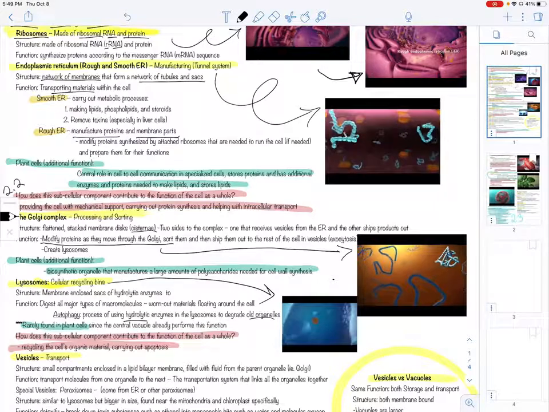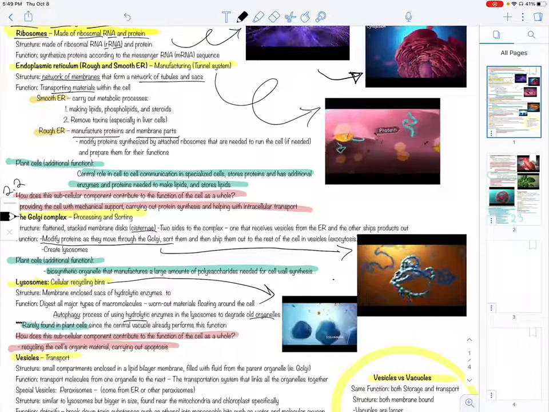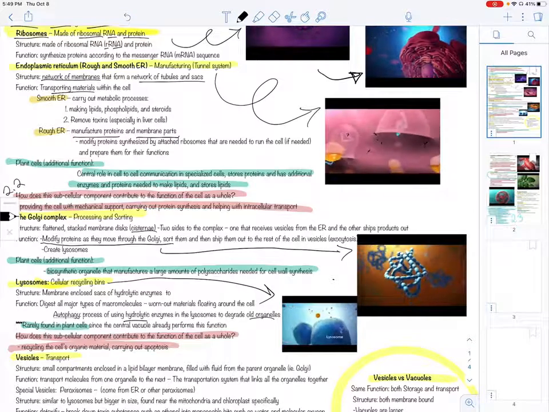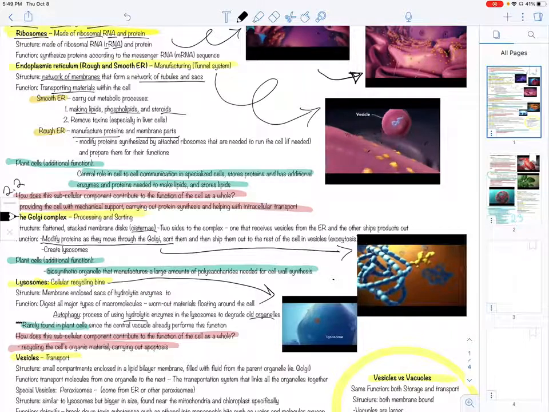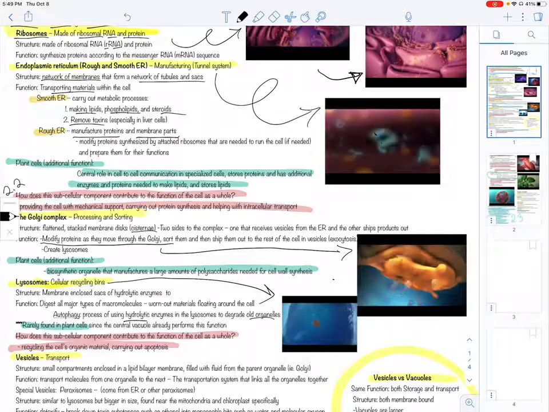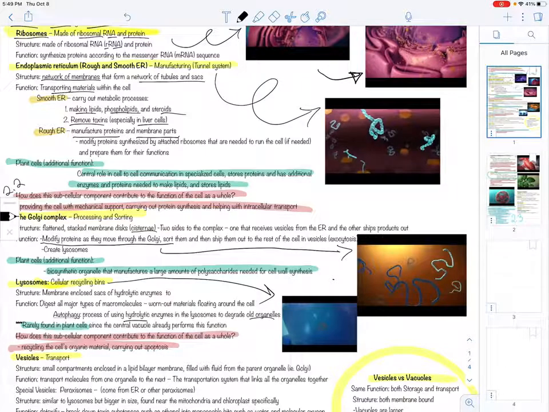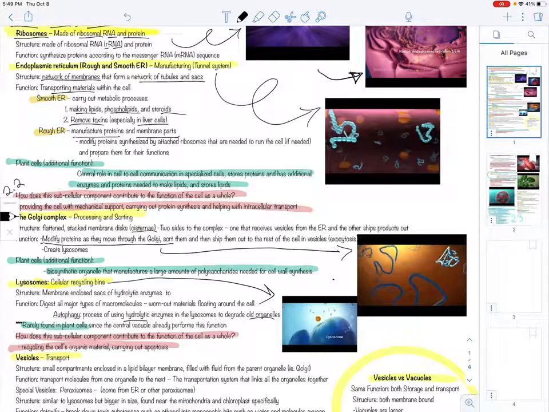You have two components on the ER. We have our smooth ER and our rough ER. Your smooth ER is carrying out metabolic processes such as making lipids, making phospholipids, cells. Your rough ER, this is that manufacturing component.